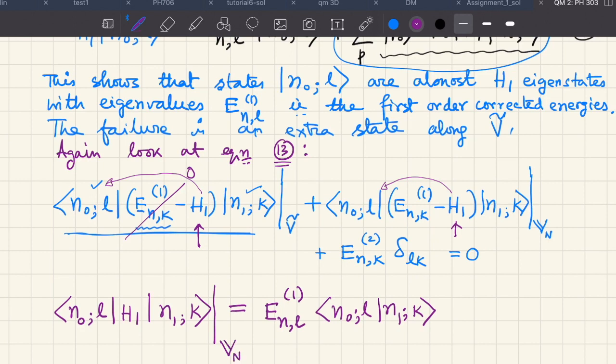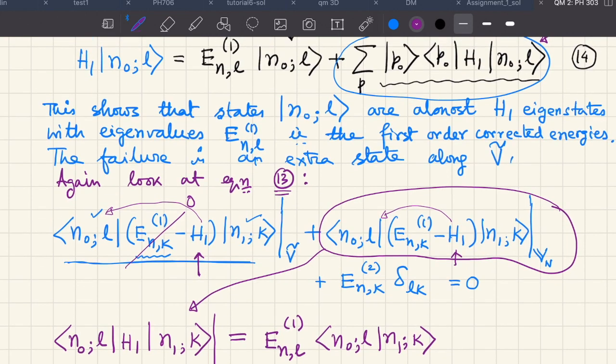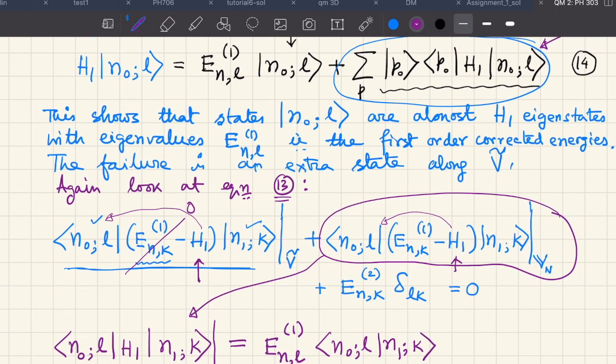I am not looking at the full equation, I am just taking this term out. So this is ⟨n0L|H1|n1K⟩, and we have just shown that H1 on |n0L⟩ is nothing but E_{n,L}^1 |n0L⟩, and then there was this n1K.